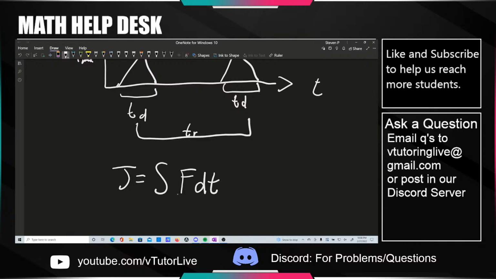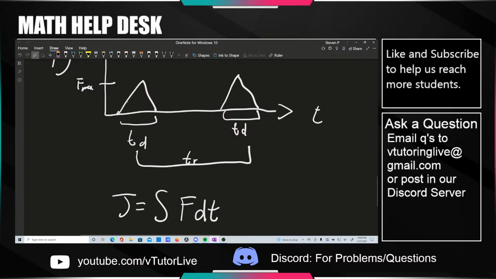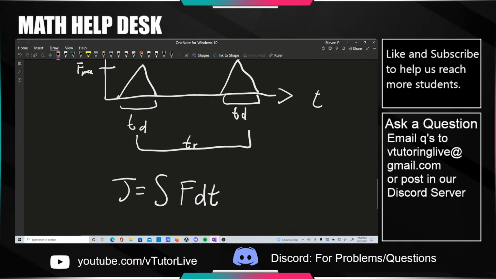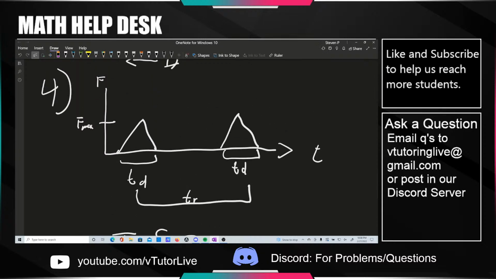And in cases where the force is simple and constant over a period, the integration just turns into multiplication, right? But because the force is sort of shaped like a triangle, well, that means you have to find the area under the curve to find the impulse, right? That's what an integral is. It's literally area under the curve of F with respect to t.